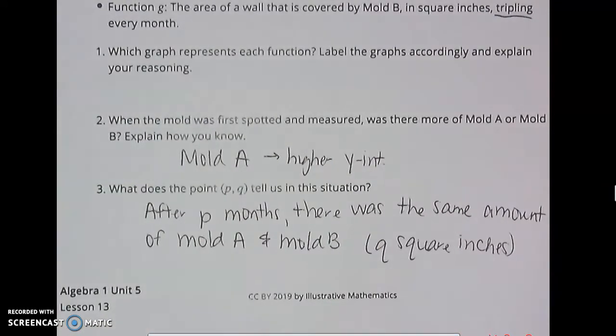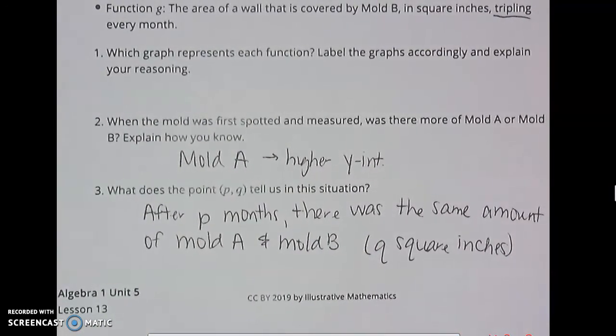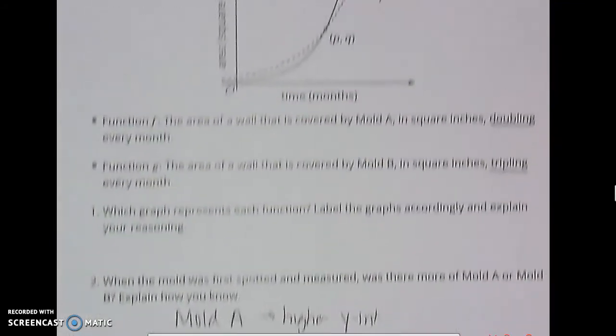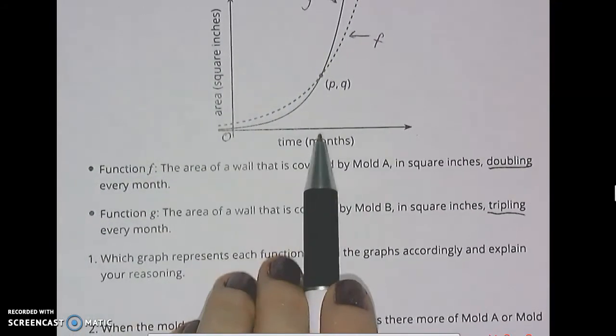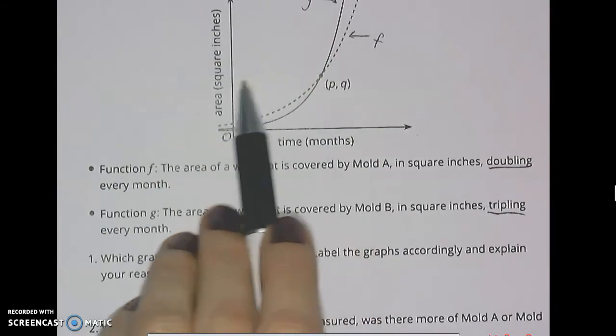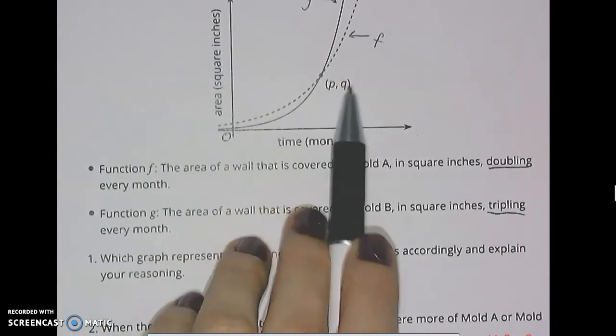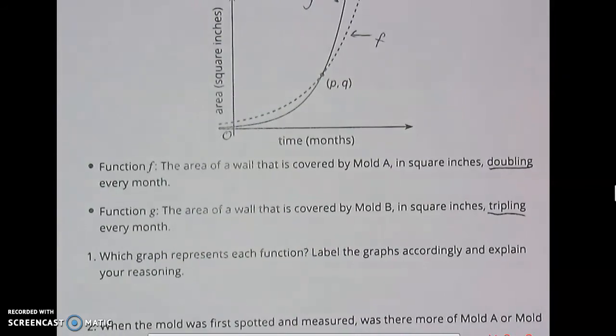Since it's where both of those graphs intersect, that would just be a system of equations, and it's crossing at this point after P months. They share the same area of Q square inches, whatever that is. And that's it.